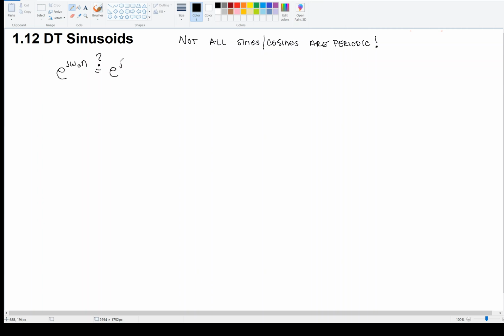To be periodic, recall, I need to be able to find a capital N to add to my independent variable, that is, to shift the signal by N, and I get back the original signal, hence the equal sign. So if I can find a capital N such that this is true, then the signal is periodic. But remember, in discrete time, N must be an integer. Capital N this time.